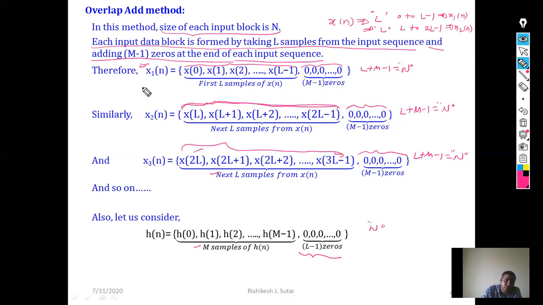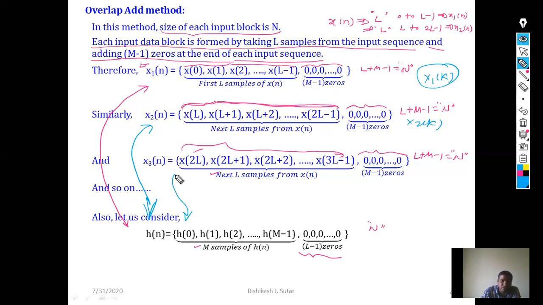Then again, you have to carry out the DFT for x1 of n and h of n, so that I will get x1 of k. If I carry out the DFT between x2 of n and h of n, then I will get x2 of k.